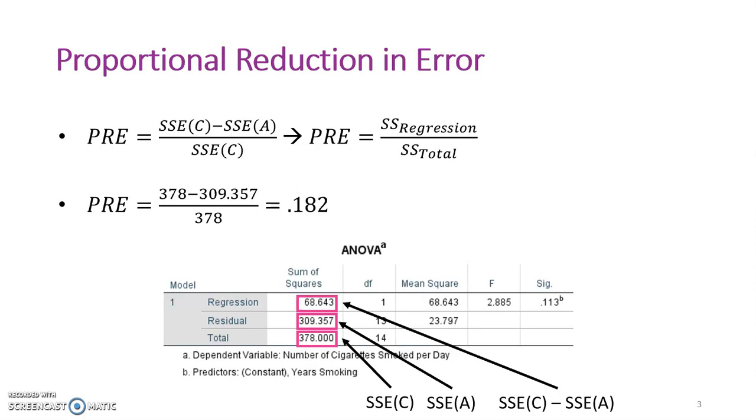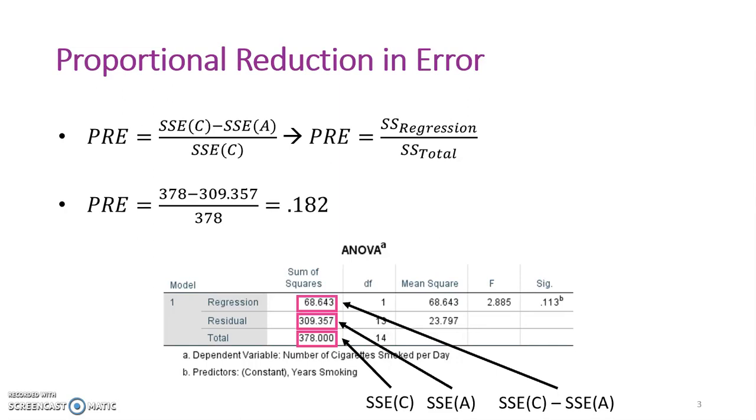So to start from bottom to top in the sum of squares column, the bottom row, or the total row, is giving us the information on the sum of squared errors for the compact model. This is basically the sum of squared errors for the model with no predictor.